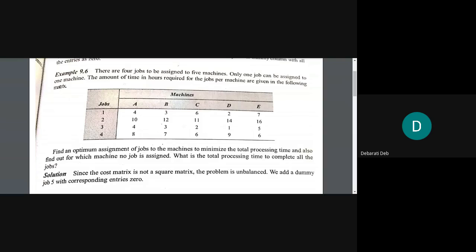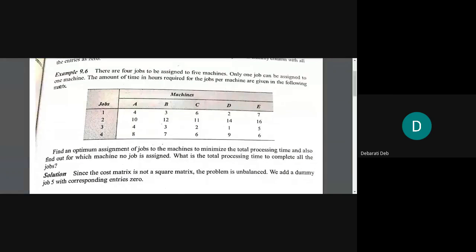In the first row, the numbers are 4, 3, 6, 2, 7. Second row 10, 12, 11, 14, 16. Third row 4, 3, 2, 1, 5. And the fourth row is 8, 7, 6, 9, 6. These are all amounts of time mentioned in hours.